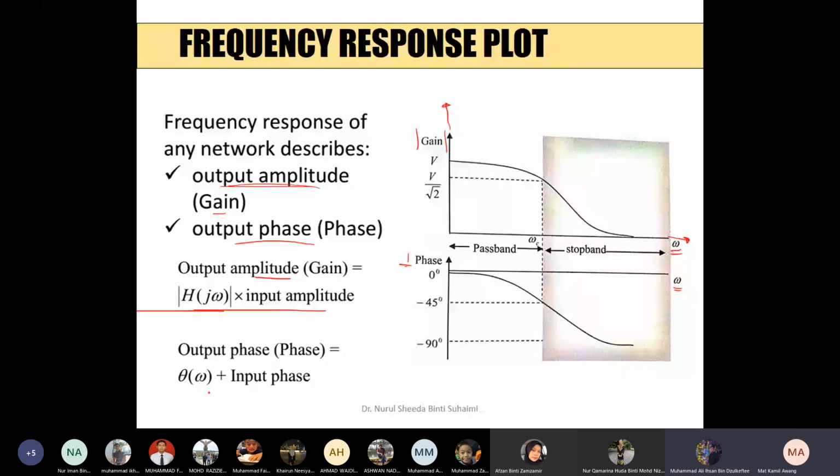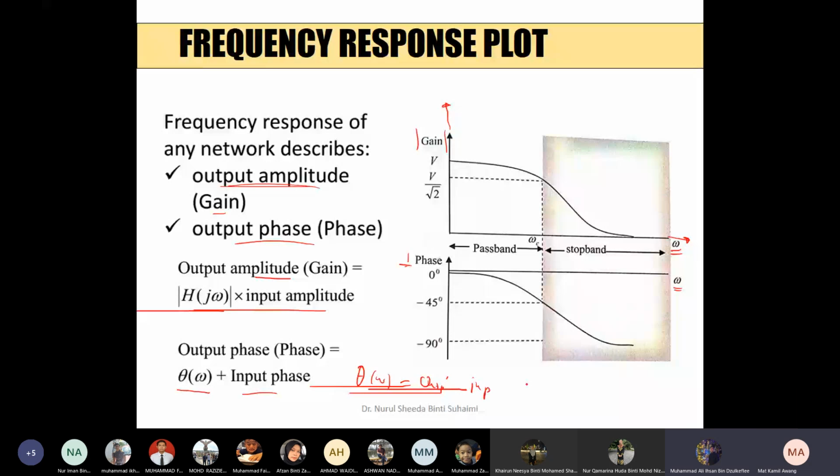Because remember, theta of omega is equal to the output phase minus the input phase.